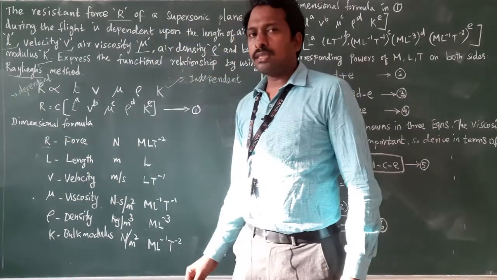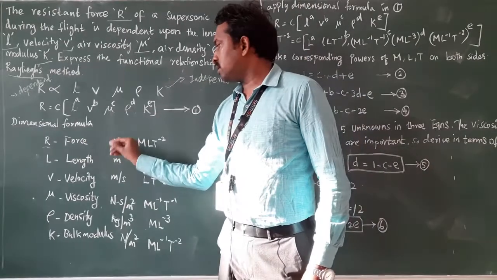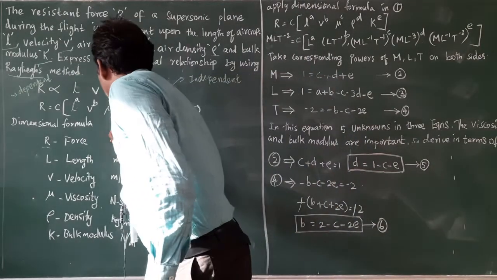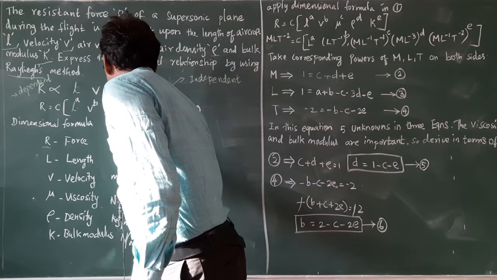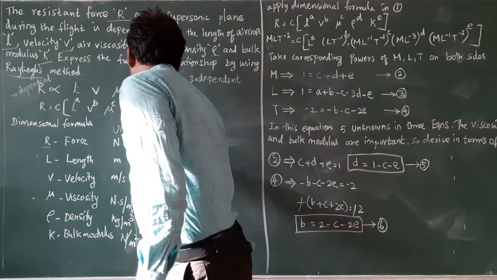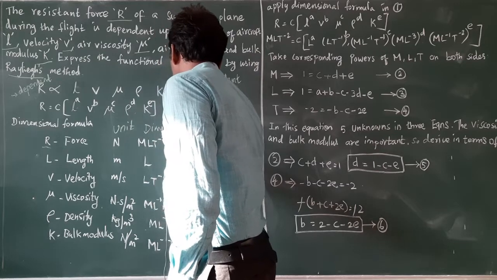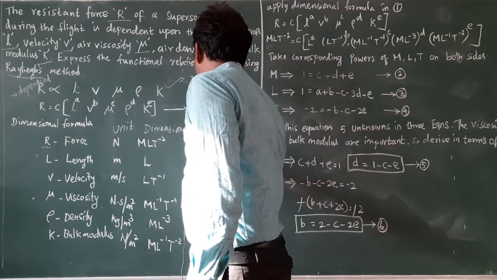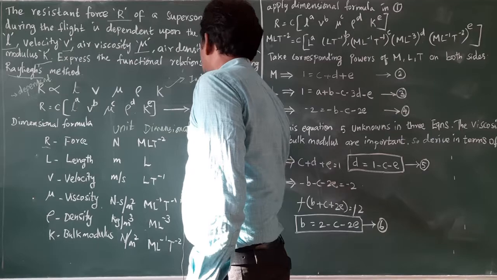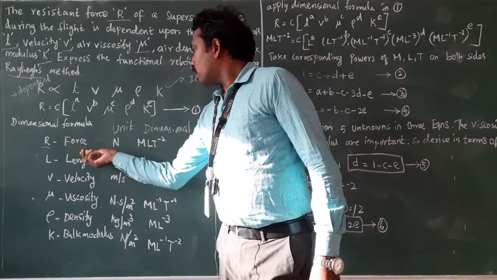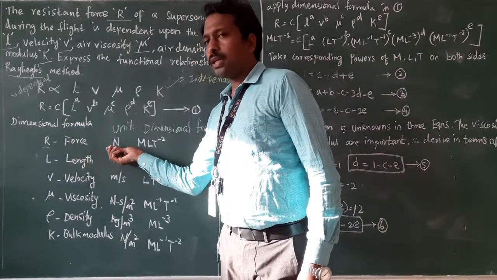First, R is the resistant force. Its unit is Newton, and next is the dimensional formula. Force unit is Newton.